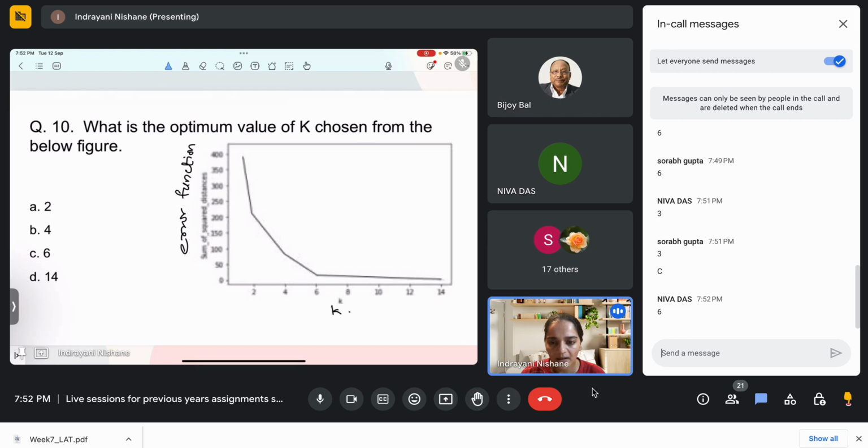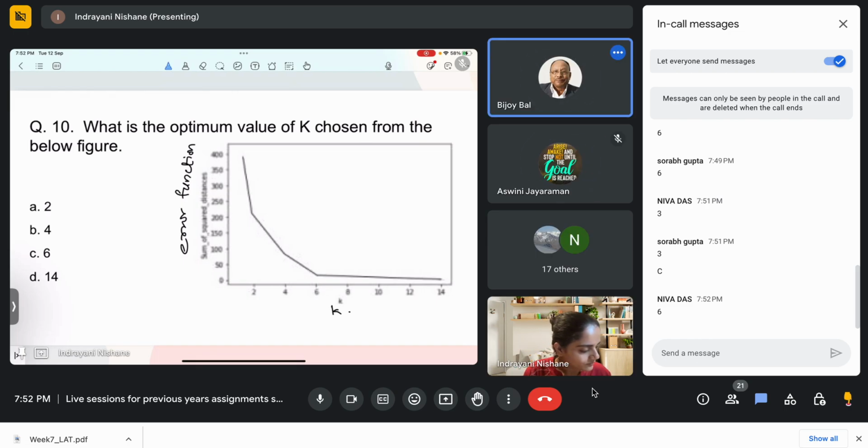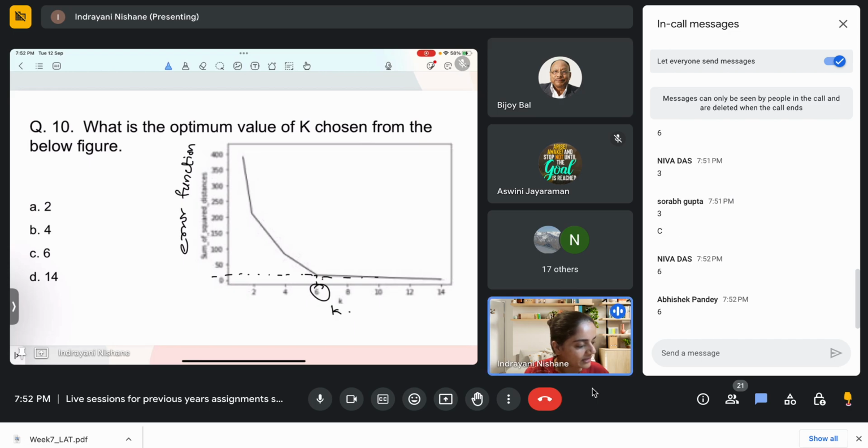So where is the elbow lying here? 6. Because after that, the value of the error function is not dropping that rapidly. The difference between the error function values is not that much.